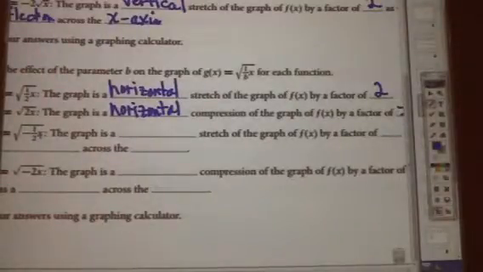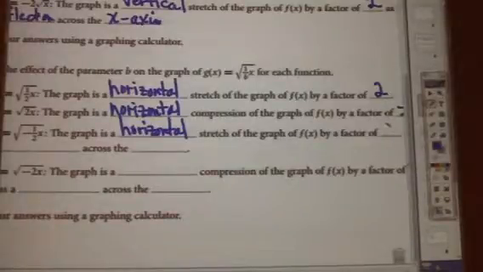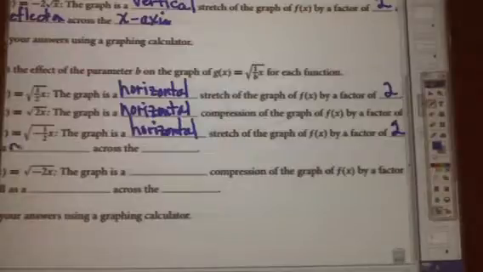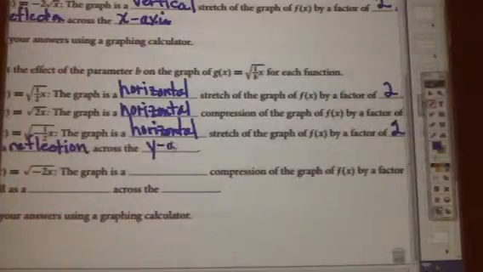Square root of negative 1/2 x is a horizontal stretch by a factor of 2, as well as a reflection across the y-axis.